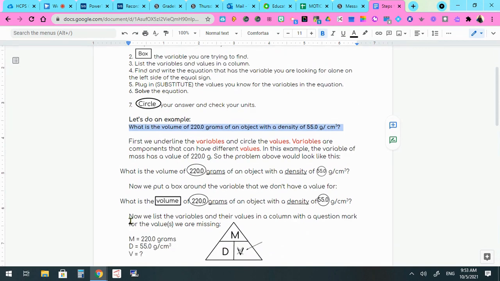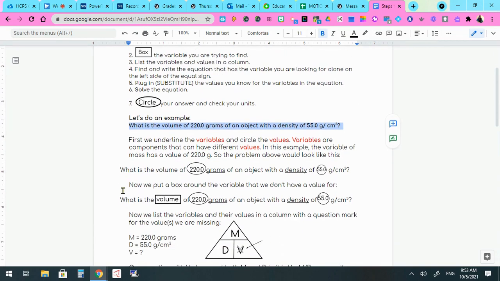Then what you're going to do is you're going to put a box around the variable, but that you don't have a value for. So in this case, we don't have a value for volume, okay, at all. It says, what is the volume? So that's what we're trying to solve for.